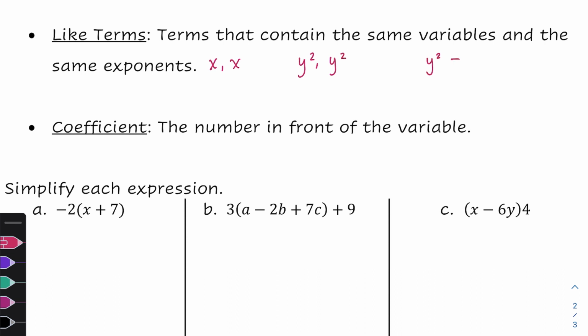Y squared is not the same as y. Okay, so keep that in mind. They have to have the same variable and the same exponent. And then a coefficient is simply the number that is in front of our variable. So all of the coefficients that I wrote for my x's and y's above have a coefficient of 1, because we don't necessarily have to write the coefficient of 1. It is understood that there is a 1 there if I have that variable.